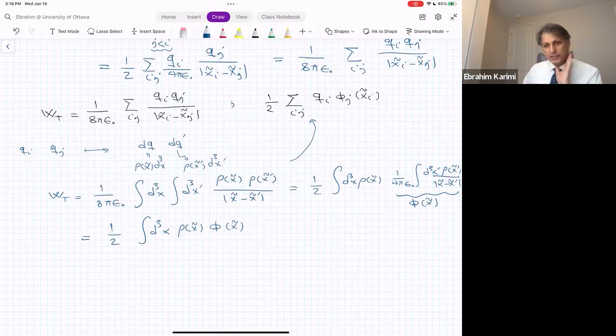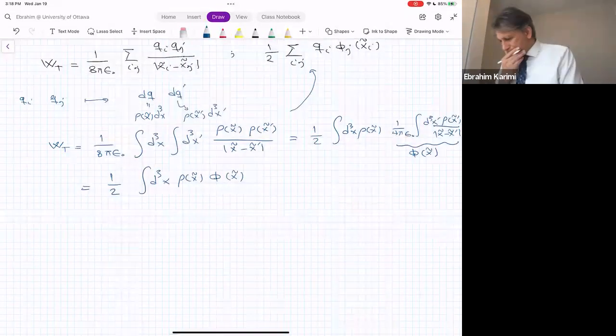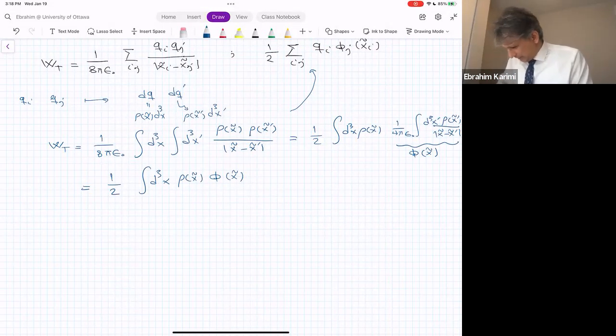Any questions, guys? Remember, this formalism is very interesting. I will tell you a little bit more about that in a second. We are dealing with electrostatics, right? We did not deal with other cases. In electrostatics, we know that the divergence of E is given by rho divided by epsilon naught.